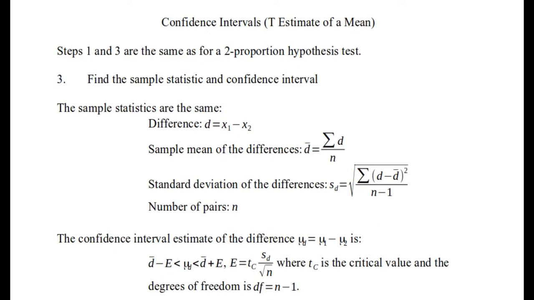And then if you're looking at what comes next for the sample statistics, those are exactly what we saw earlier. So that literally is copied and pasted from the difference, the sample mean of the differences, and the standard deviation of the differences from when we were doing hypothesis testing. And again, pairs there, not individual data points, but pairs.